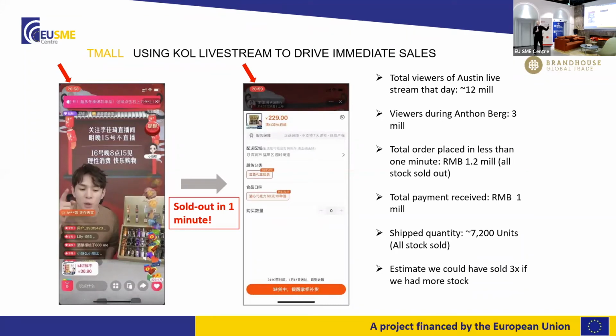One is you make the sale, you don't make a lot of money that day, but we hope that those 7,000 people, and hopefully the 3 million people, at least will understand what Anton Berg is, come back into our flagship stores, and make repeat purchases. So that's a real-life example of how we can use live streaming to promote.